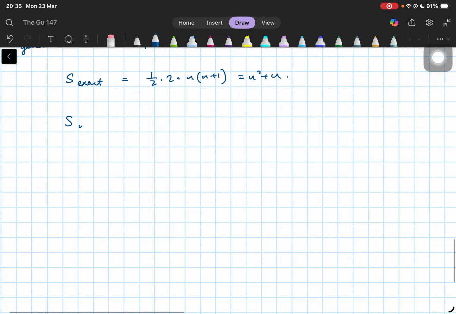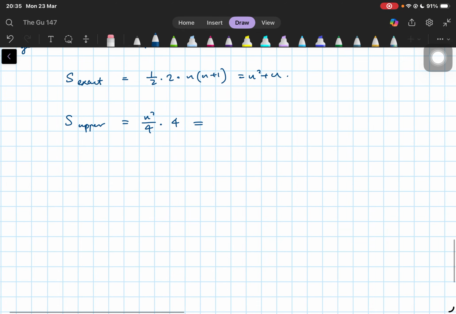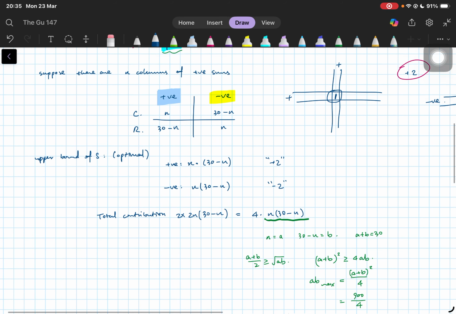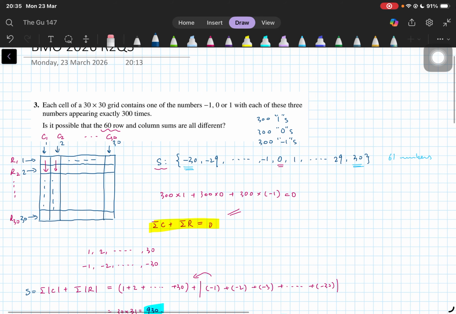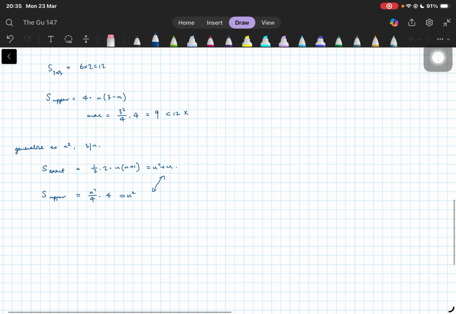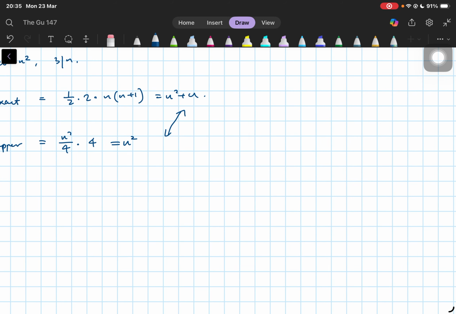And S upper would just be n squared over 4 times 4, which is n squared. So the difference between the optimal maximum and the exact value of S would always be the side length of the grid, which is kind of like a bonus from the question, because the question doesn't really ask you to do that. But I just thought it's a fun result to derive.